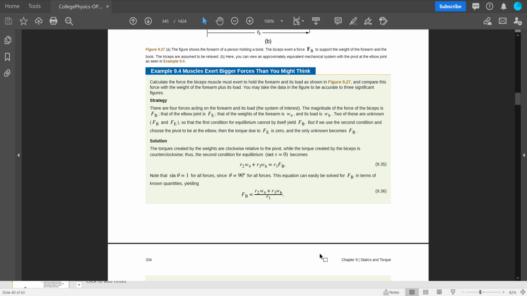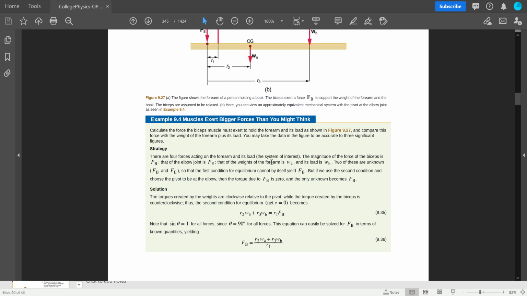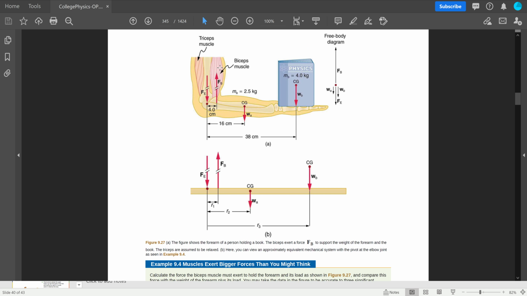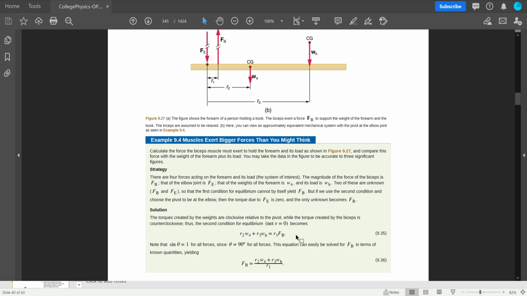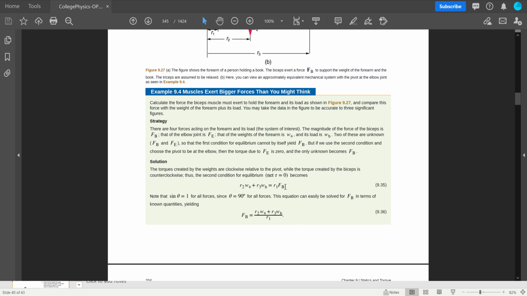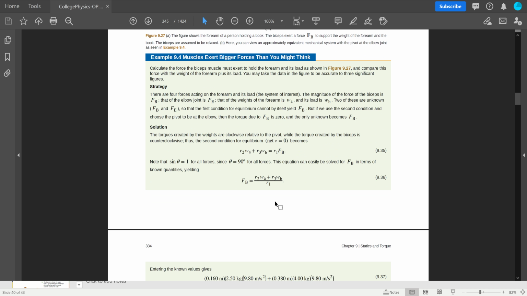Thus, the second condition of equilibrium, which is our torque equals 0, becomes our radius 2 times our first weight, which is the weight of the forearm, plus our radius 3 times the weight of the load, equals our radius 1, which is the radius of the bicep, and our force B. Well, we're looking for our force B, so we're going to divide by R1.